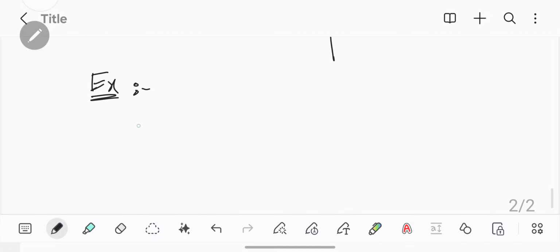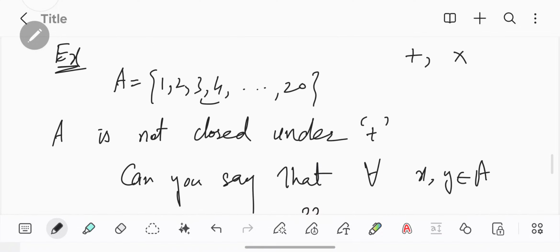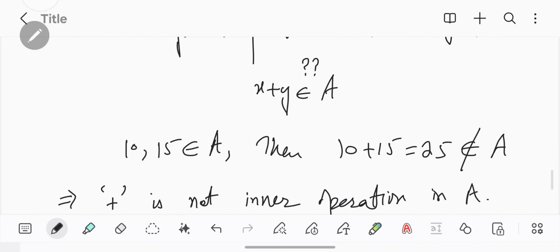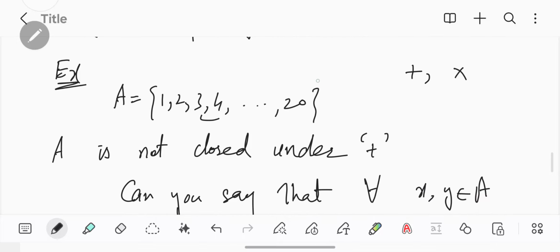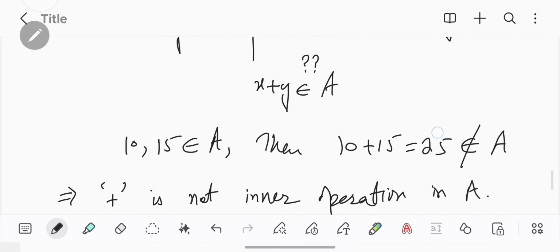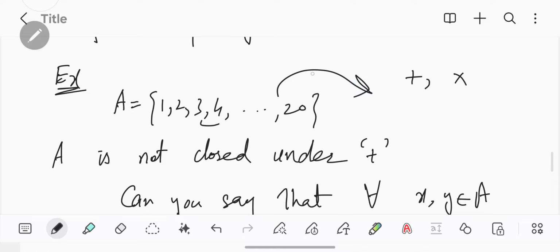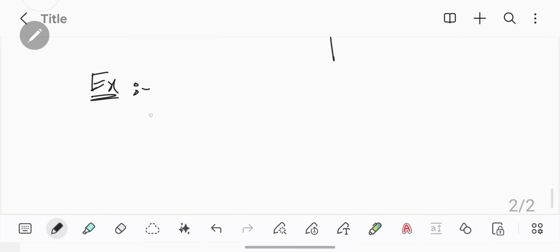Look at another example. If I write the same set, you know where the confusion came from, because this set stops, right? If I don't stop at any point and it keeps on going, then what will happen?